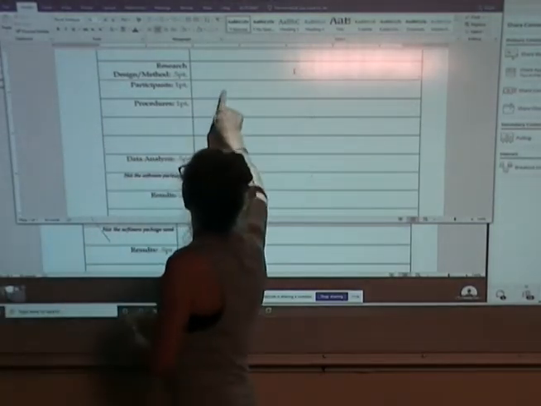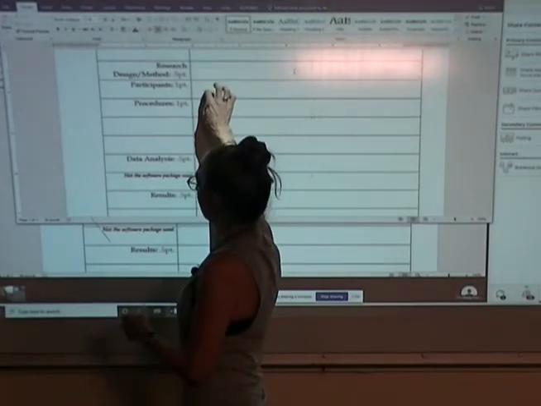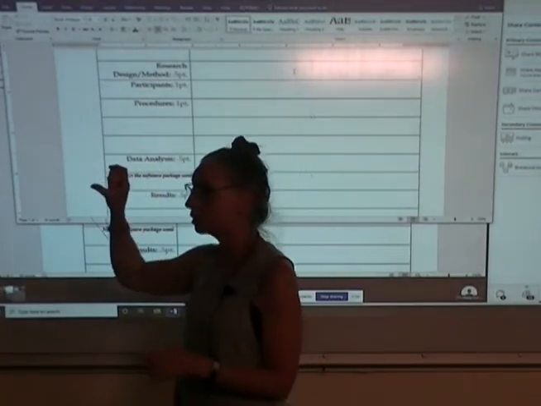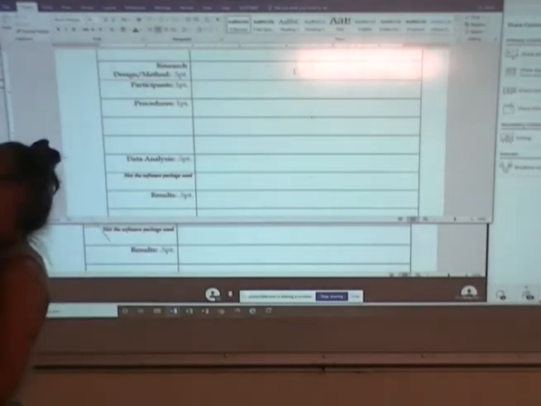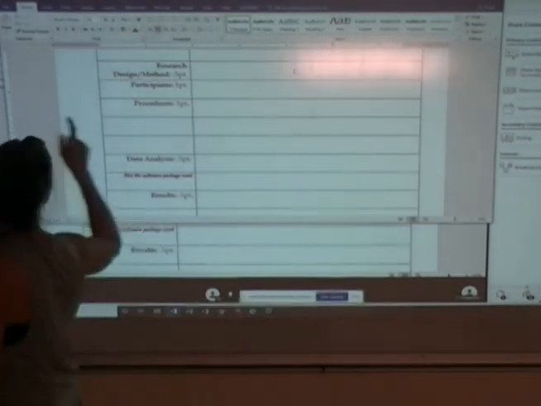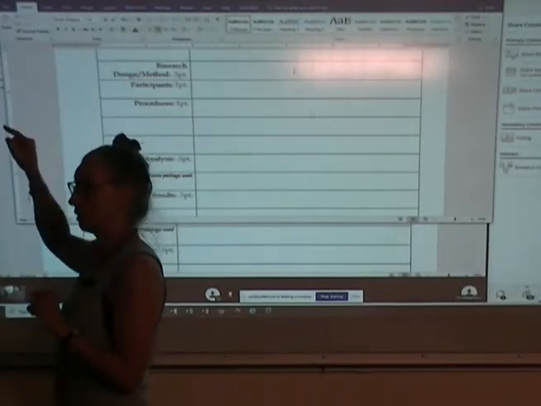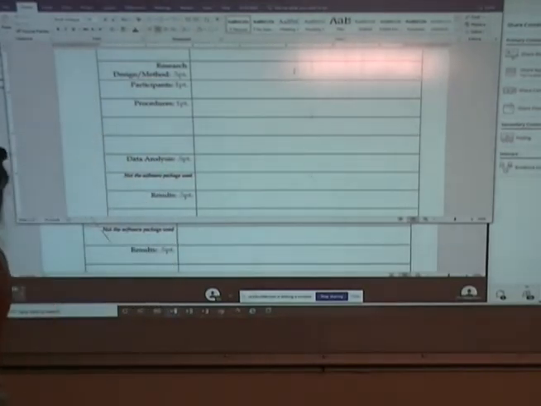So when we're trying to fill in the participant box, you want to get the key characteristics of the participants that relates back to the purpose statement. Let me give you an example of that.